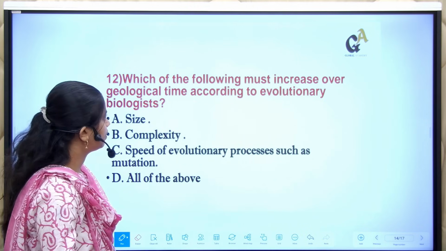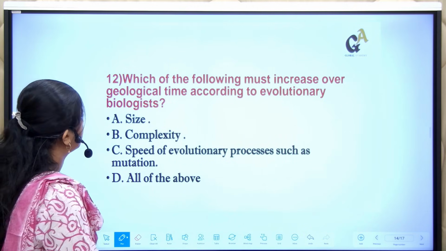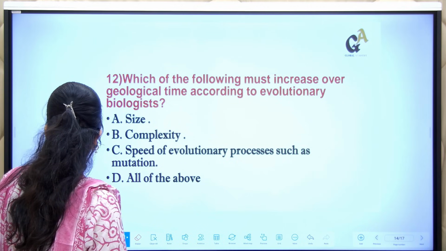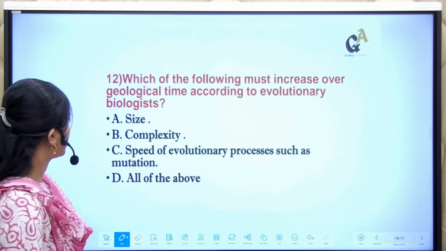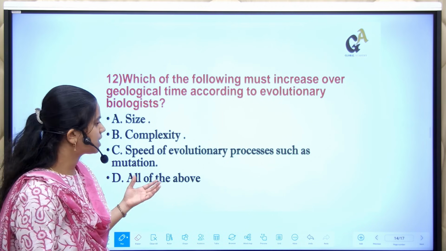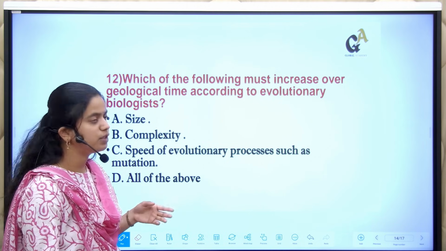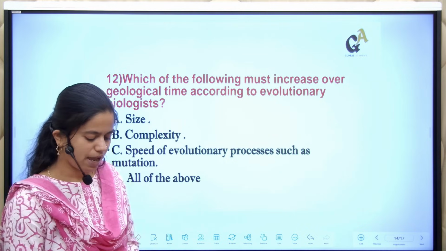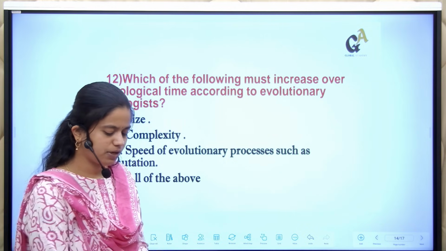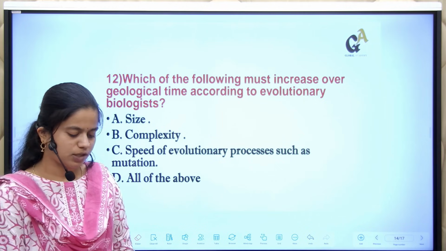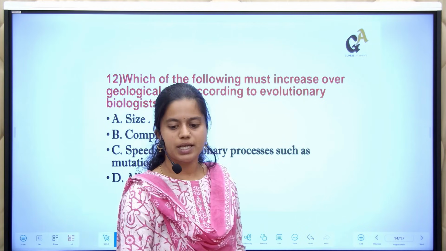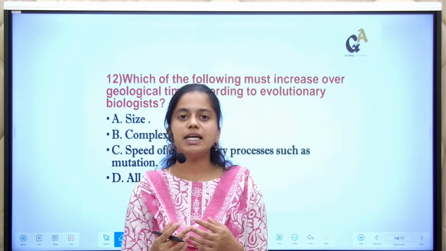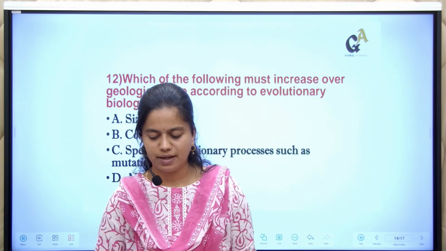Which of the following must increase over geological time according to the evolutionary biologist? Option A is size, B complexity, C speed of evolutionary process such as mutation, D all of the above. See, according to the evolutionary biologist, what they have suggested is that the overall complexity of life will be increasing over the geological time period.